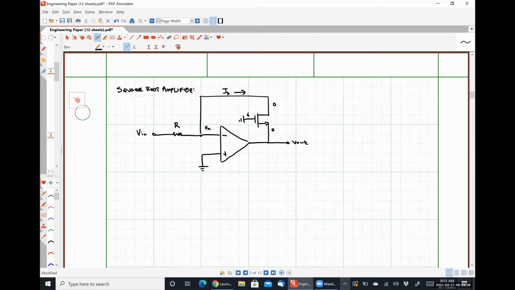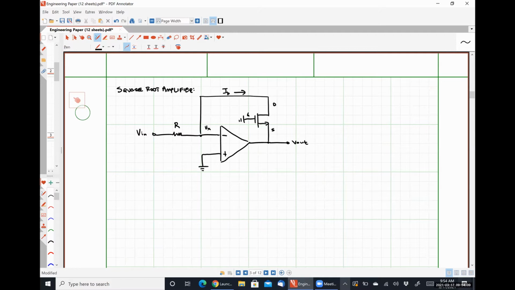So let's say I applied a voltage of 0 volts to the input. What does that force Vout to be, since this guy has to be operating in saturation? Think about this for a second, right? If I apply a voltage of 0 volts to Vin, how much current is flowing through that resistor R? None. So how much current is flowing through our transistor?